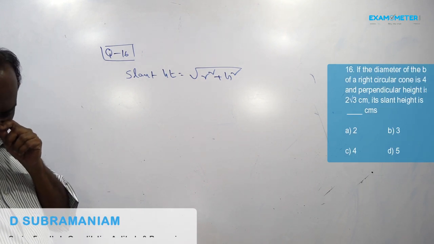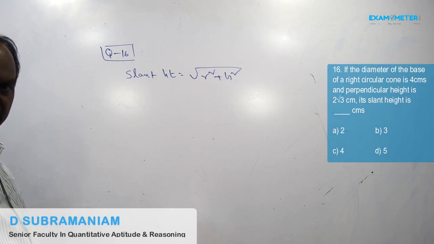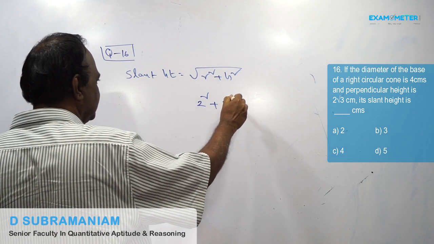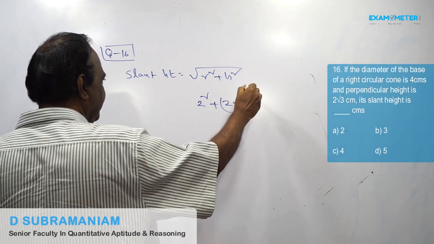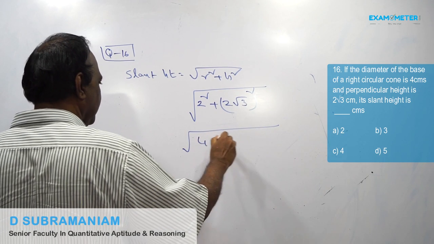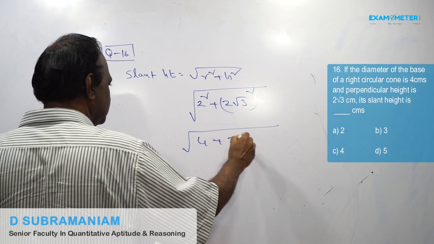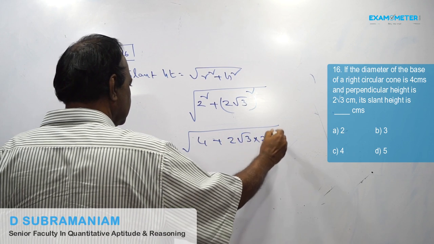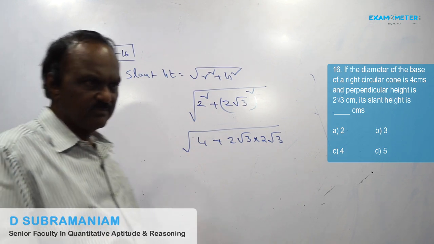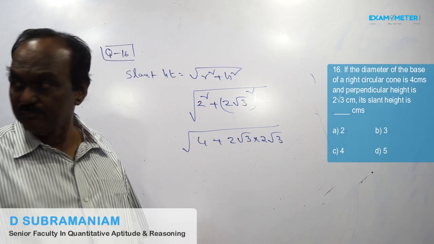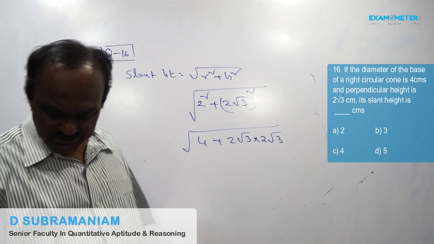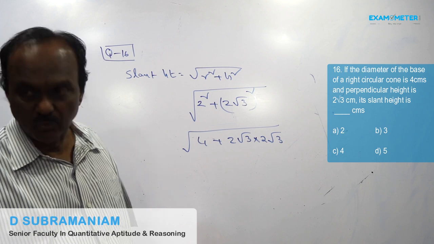Diameter is given as 4. This will be half of the diameter. If you simplify this, you get the answer as 4. So answer is multiple choice C, that is 4.